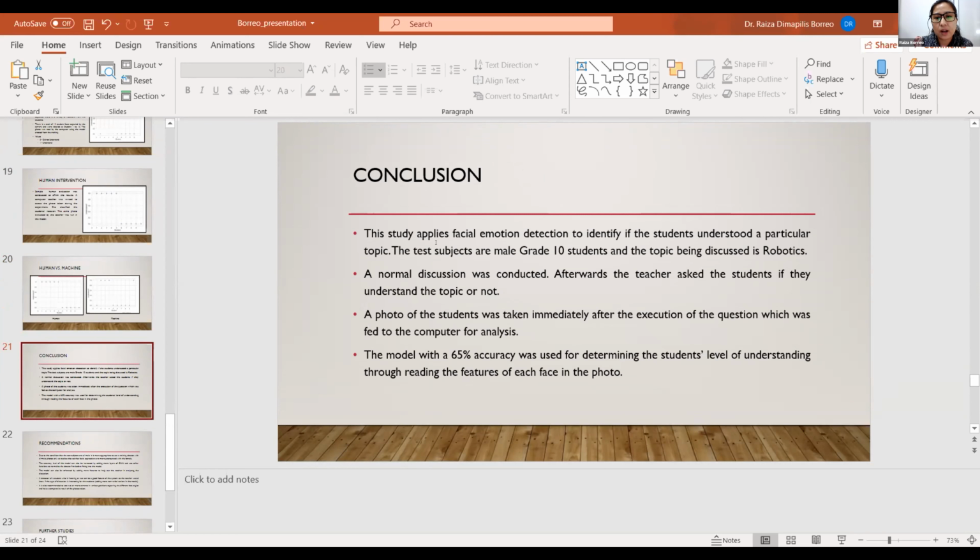A normal discussion was conducted, afterwards the teacher asked the students if they understood the topic or not, and then I captured the photo of the students. Before that real test scenario, I had already created a model with only up to 65% accuracy. So, moving on.